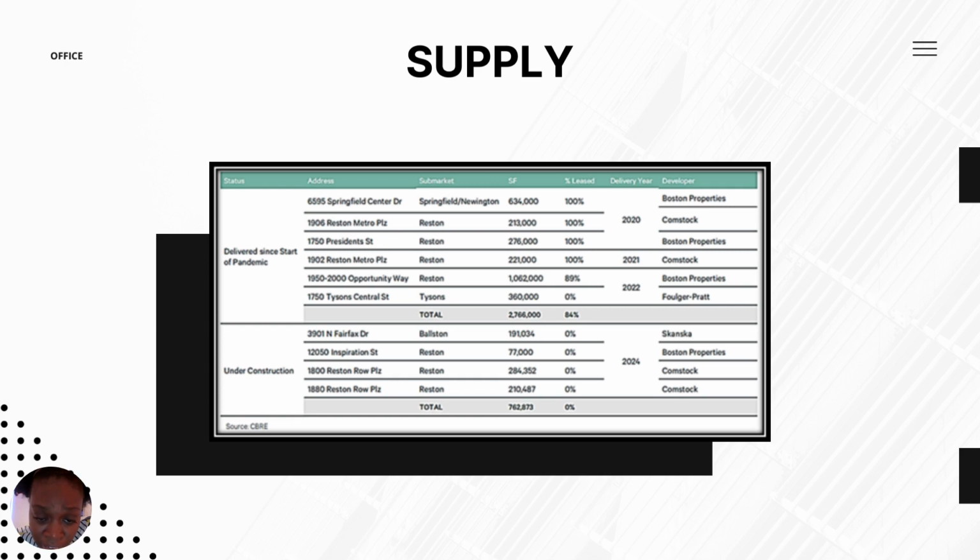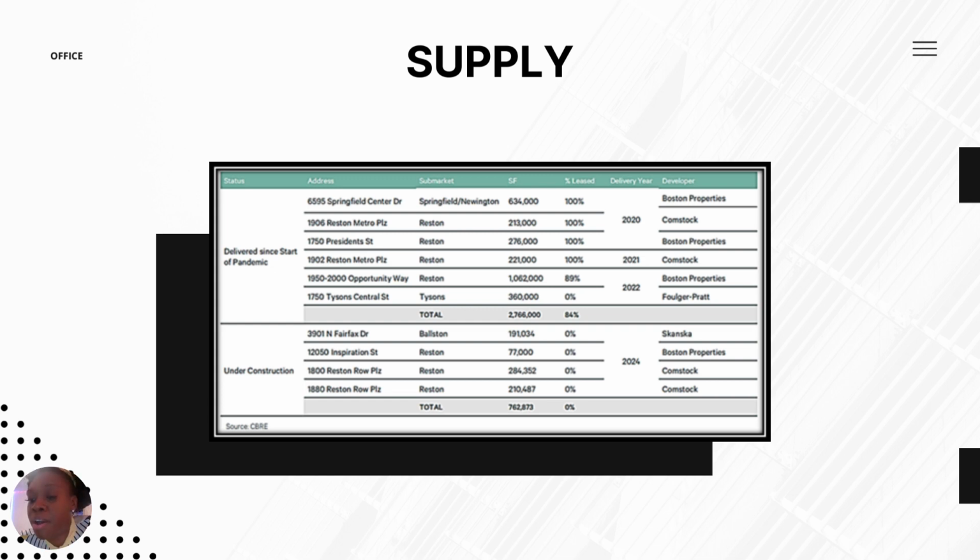And currently, right now in 2024, we have 4 deliveries for this area: one from Boston, one from Skanska, and 2 from Comstock.